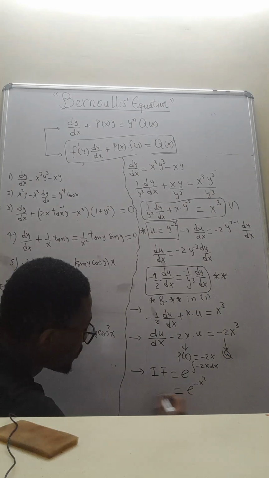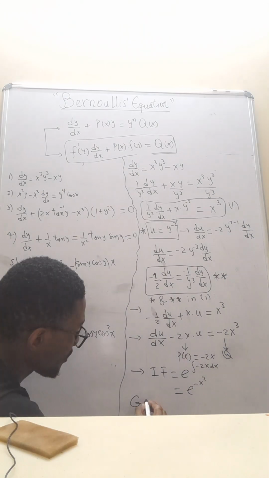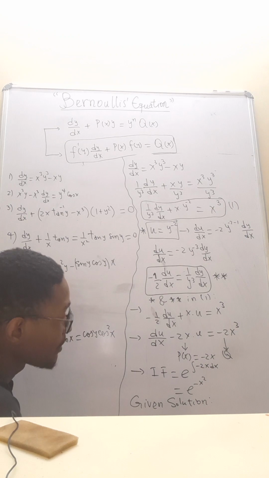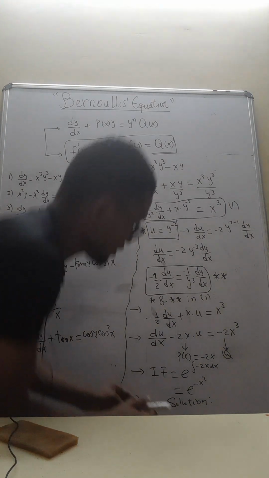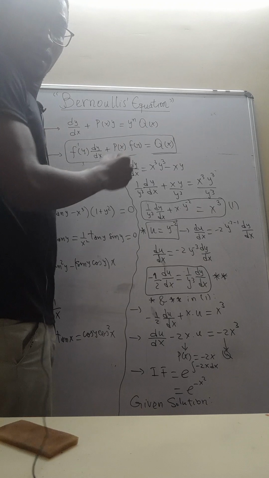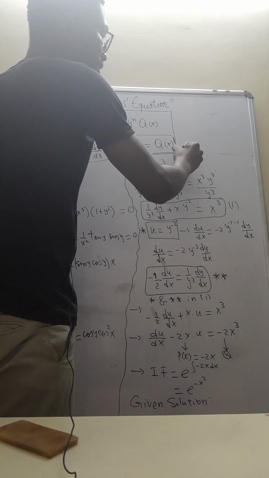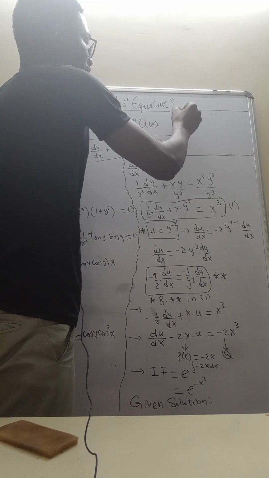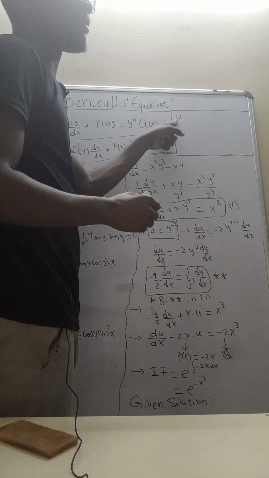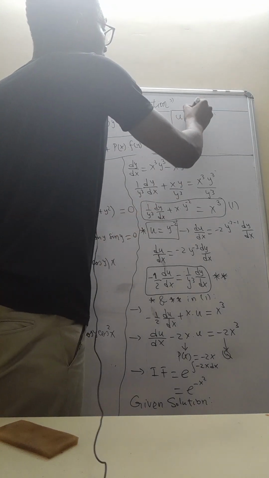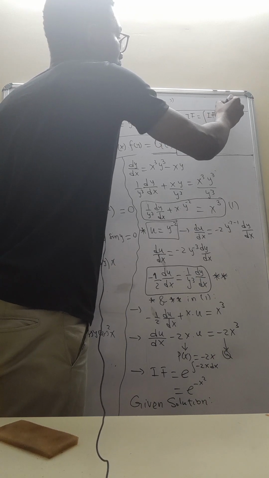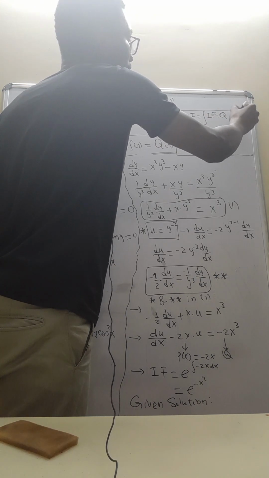Now that you know your integrating factor, we are running out of space, so I will write the given solution up here. For a linear differential equation, we know the solution is u, the dependent variable, times IF equals the integration of IF times Q, plus c.